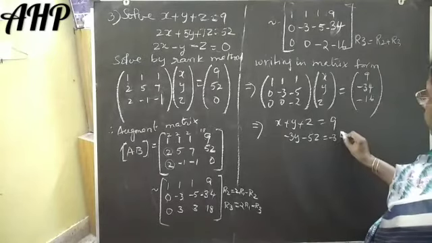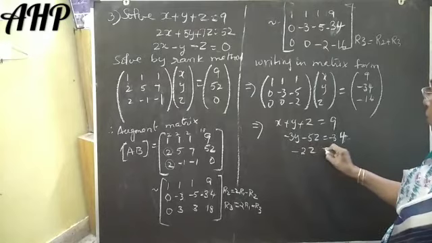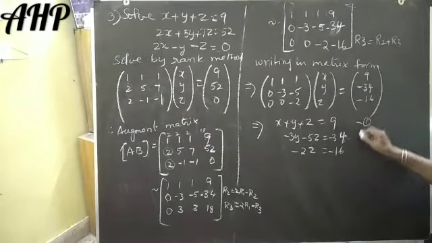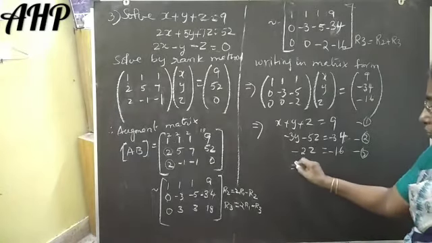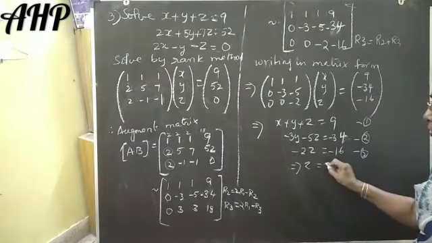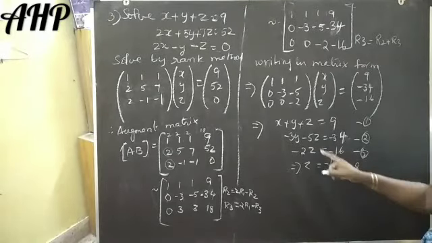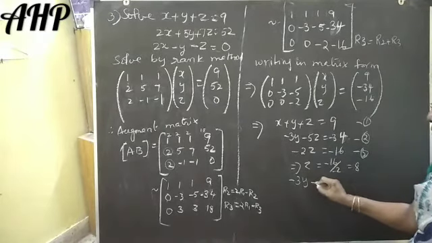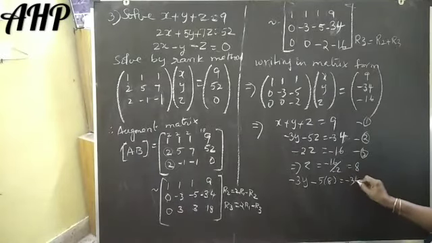Then minus 2z is equal to minus 16. Now this is your first equation, this is your second equation, this is your third equation. Now from the third equation we get z is equal to minus 16 divided by minus 2, 8. Substituting in the second equation, minus 3y minus 5 into 8 is equal to minus 34.